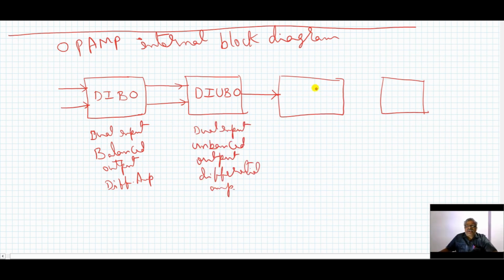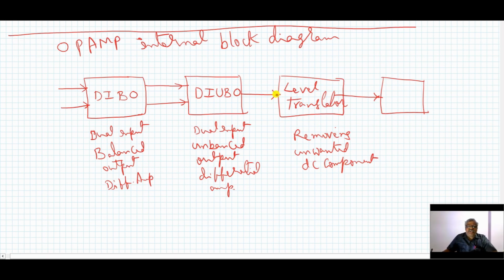The third stage consists of 1 input and 1 output terminal. This is called a level translator. Its main function is removing the unwanted DC component. Where is the DC component introduced? At the output of the unbalanced differential amplifier, which consists of an AC component as well as some DC component.